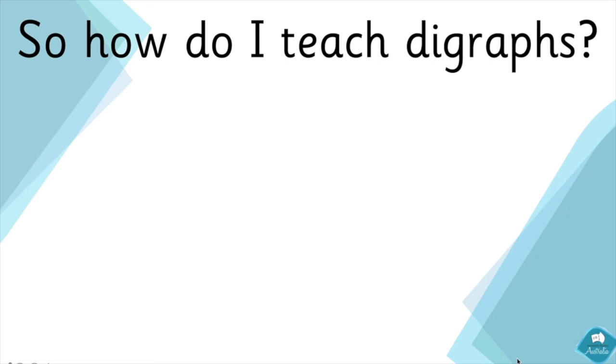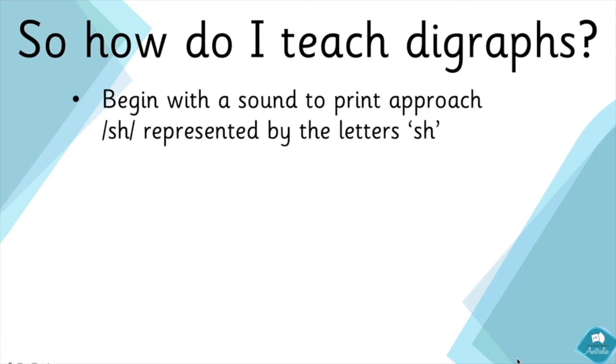So how do I teach digraphs and trigraphs and even up to quadgraphs if you've got four letters making one sound? The first thing you need to do is begin with a sound to print approach. So start with the sound sh and teach that it is represented by the letters S and H together. Now, I personally like to actually tell the students that's called a digraph.